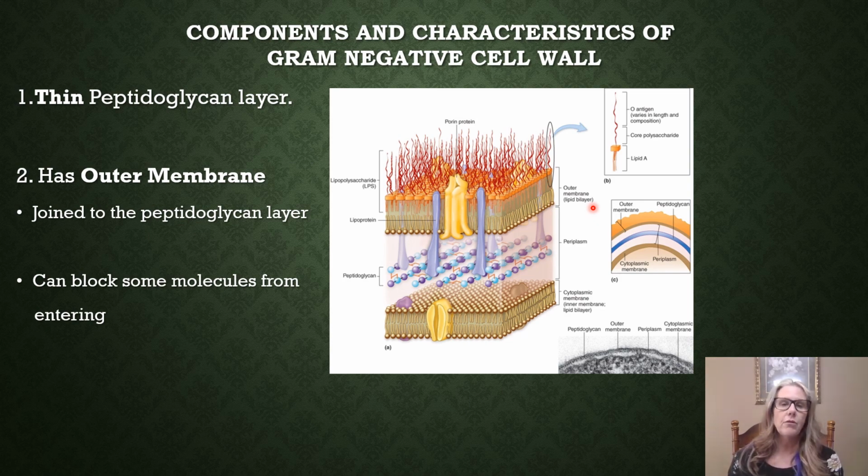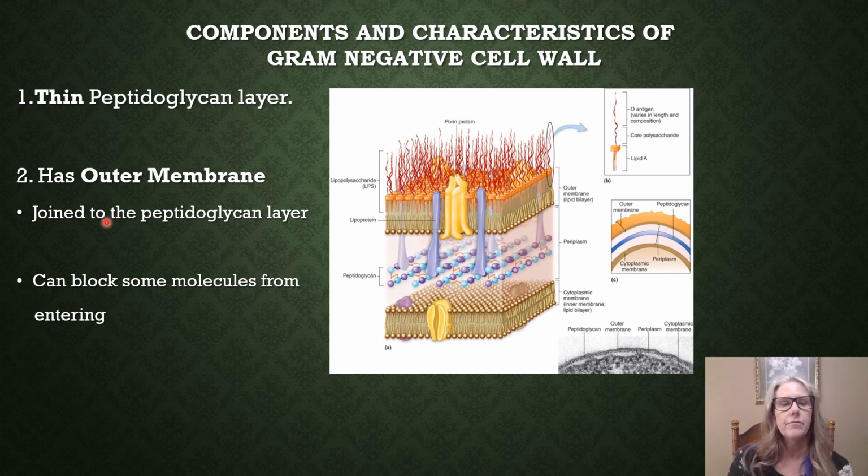Because of this outer membrane, it can actually block some molecules from getting to the inside of that cell, which can be advantageous for that cell. For example, there are some antibiotics that cannot make it through that outer wall, and as a result can't get to the inside of that bacterial cell, so it has no effect on that bacteria whatsoever.